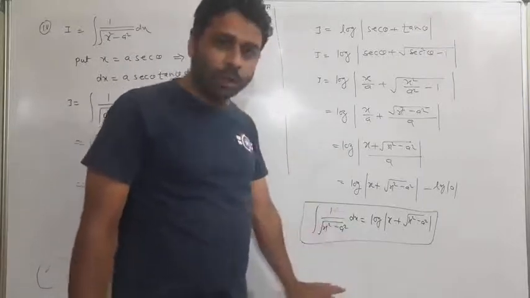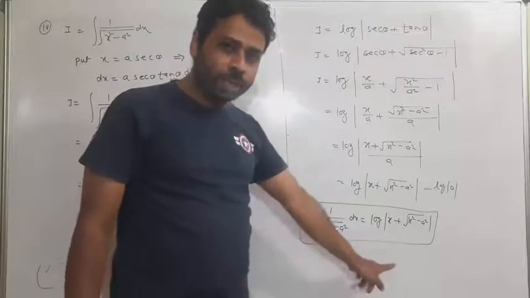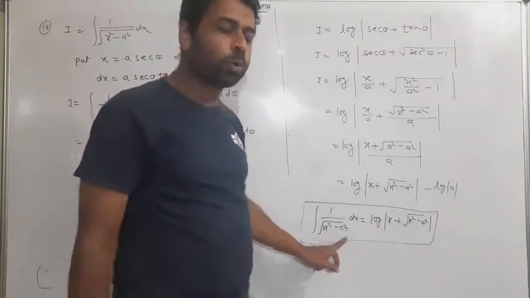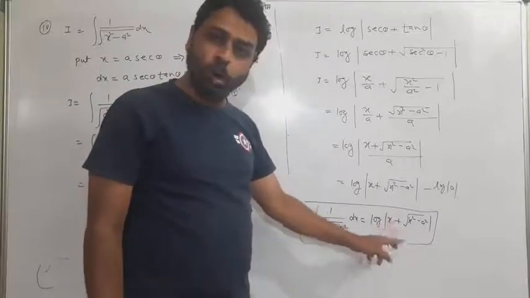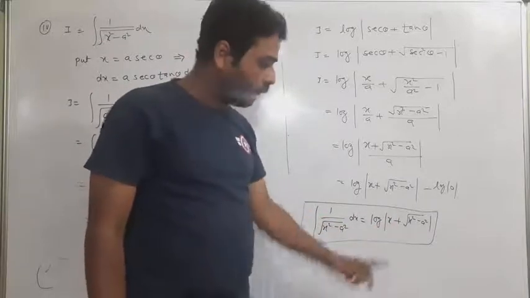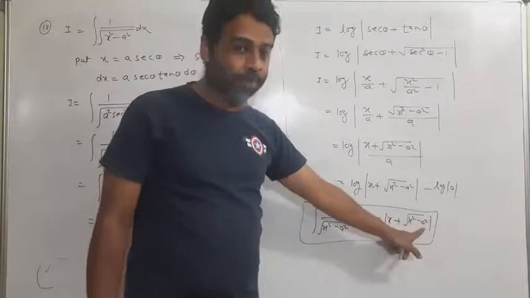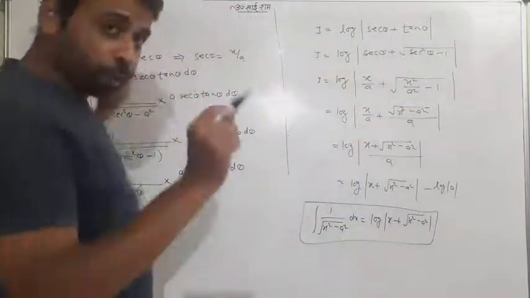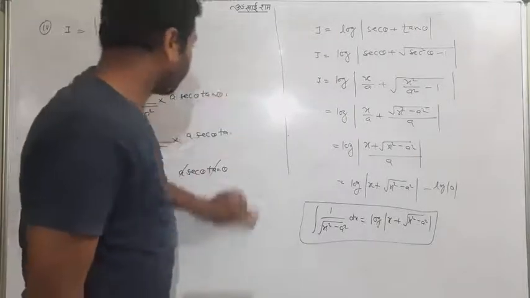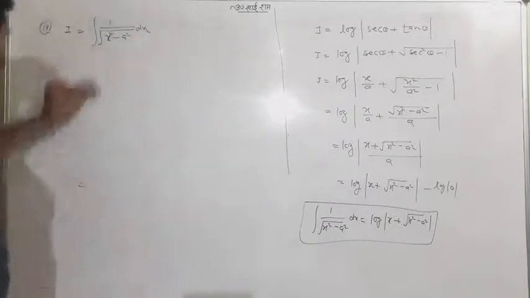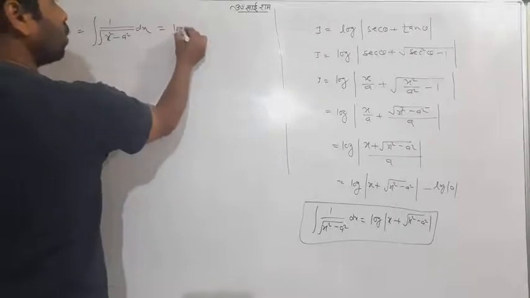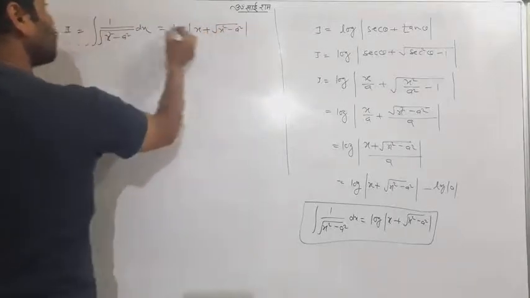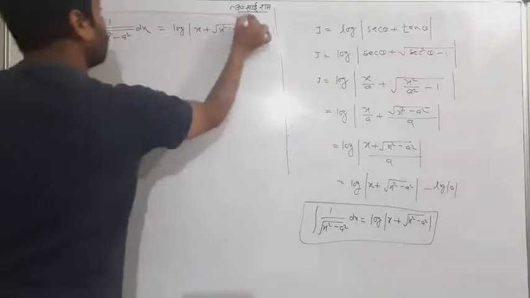So as far as only the formula is concerned, we have seen the formula 1 upon root of x square minus a square equals log, mod will be used because there is log there, x plus same. So keep remembering as I taught you, word to word, log x plus same. Okay, now let me rub all of this, and this is the formula, log x plus same. So this is the formula we have seen.